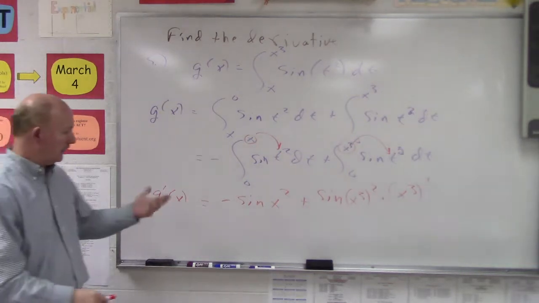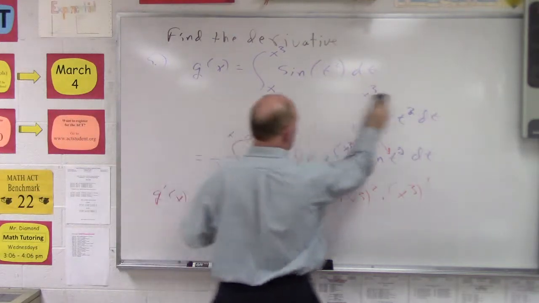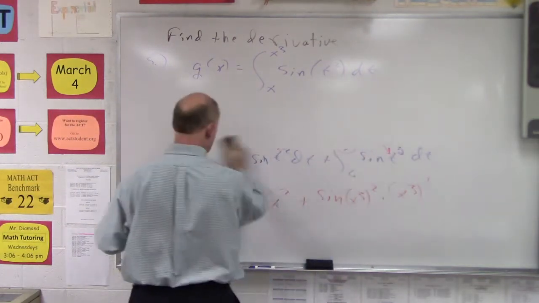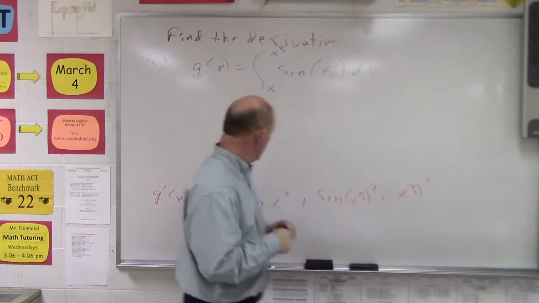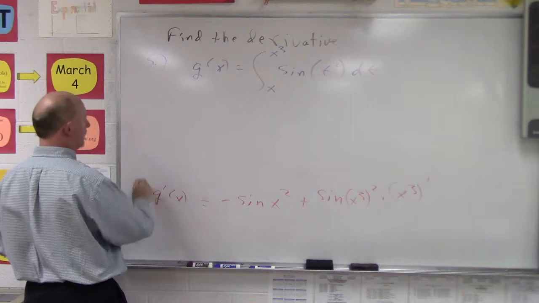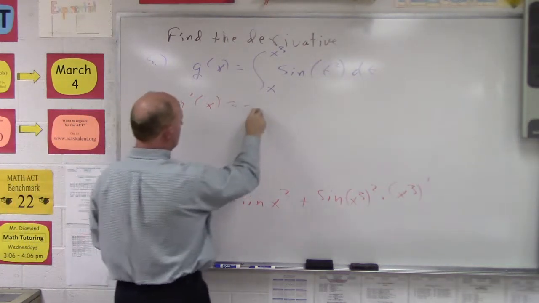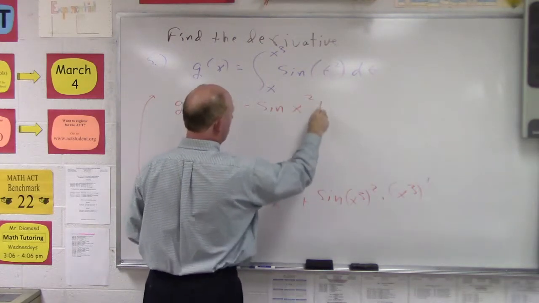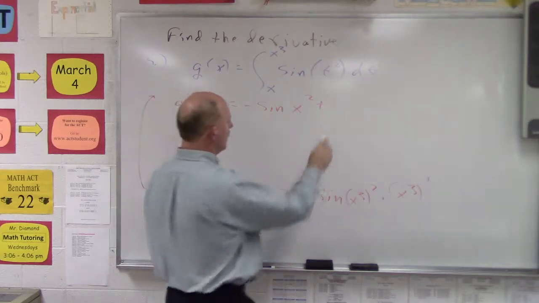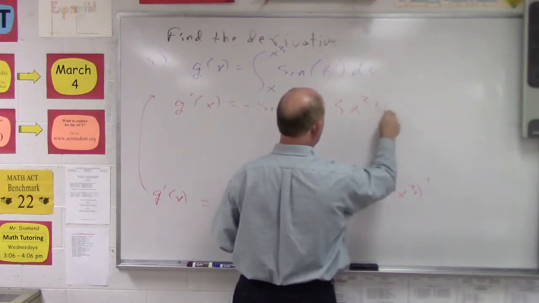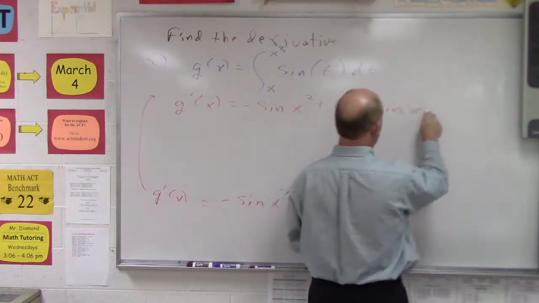Now let's see if we can simplify this a little bit. I'm going to run out of room here, so I'm going to erase this step. Now the derivative of x cubed, so let me bring this up here. The derivative g prime of x is equal to negative sine x squared plus, now the derivative of x cubed is 3x squared, so plus 3x squared sine, and x to the third power squared would give us x to the sixth power.